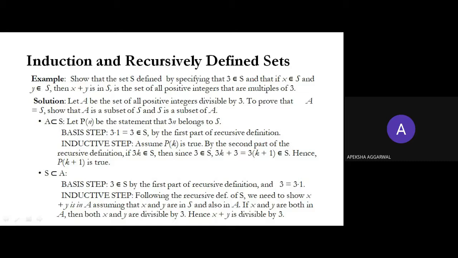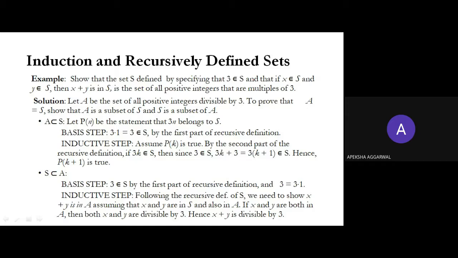The basis step in mathematical induction, if you could recall, is first of all we calculate P1. P1 is 3, so 3 belongs to S, that is true. The second step is we assume that Pk belongs to S, and we prove that Pk plus 1 is also true using Pk. That is what we do in mathematical induction. Now Pk belongs to S, that means Pk has some number 3 into k. That is why it is divisible by 3, right?